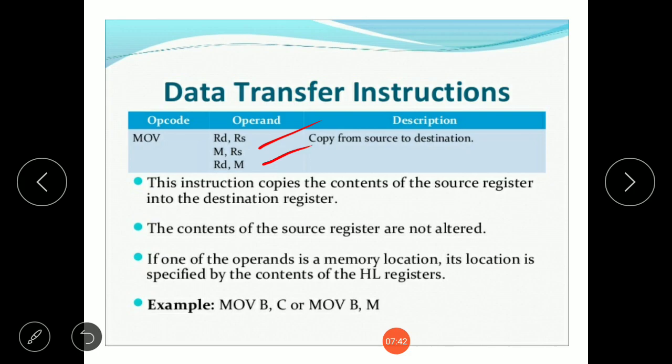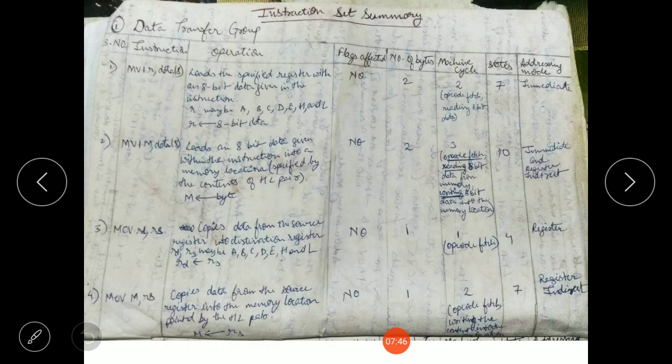MOV Rd, Rs, MOV M, Rs, MOV Rd, M. So what does this instruction do? Here I have written Rs and Rd. Rs represents the source register and Rd represents the destination register. What this instruction does is it copies the content from the source register to the destination register.